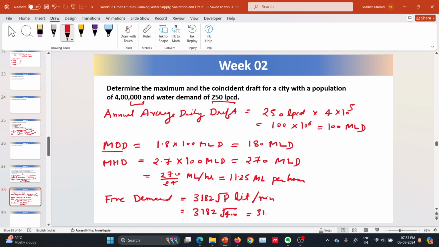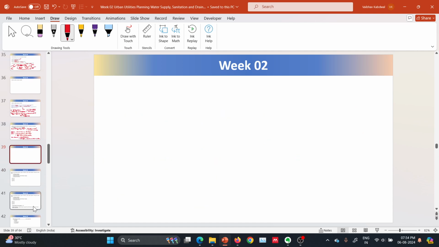If you solve it, 3182 under root 400, the fire demand will come out to be 63640 liters per minute. But we want this in million liters per day.